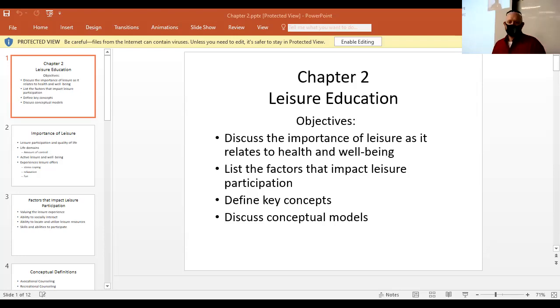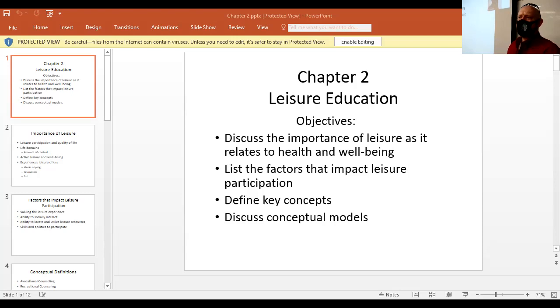Recreational counseling, that's a lot of what we've talked about before. What can they do? What's going to be available? We find out what they want to do as far as recreation, what they can do and what they're not comfortable doing. Leisure counseling, much the same.